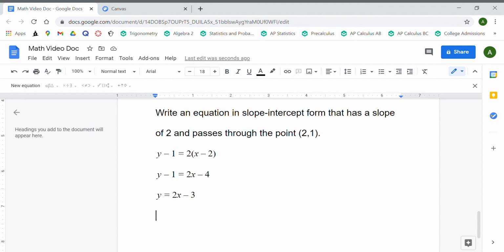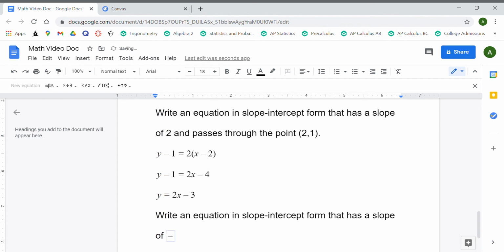Alright, let's give it a try. Do not need equation setting on right now, but write an equation in slope-intercept form that has a slope of negative 1/3 and passes through the point (-3, 2).